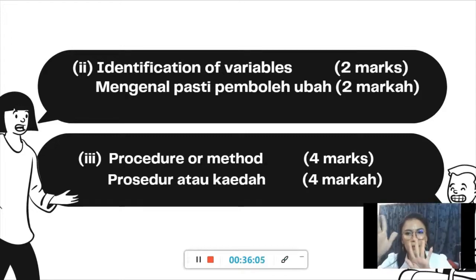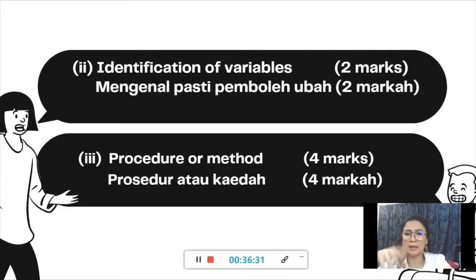Then the 4th and 5th marks, the other 2 marks will come from identification of variables. Two types of variables. If you wish to write more than 2, you write the 3 variables. Make sure they are all correct and stated clearly. For example, pH value is the answer for manipulated variable.